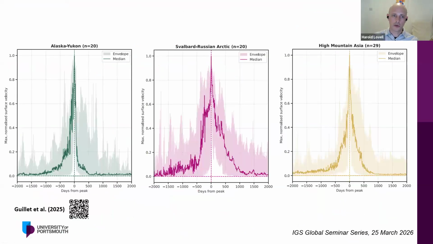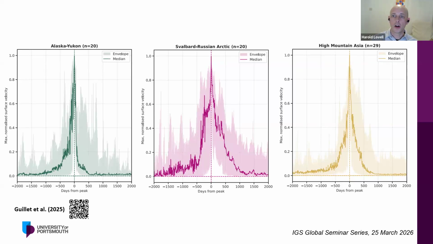And this again is from some of Greg's work. He looked at a variety of glaciers that were surging in these 3 main locations: Alaska Yukon, Svalbard and the Russian Arctic, and high mountain Asia, and then just plotted their average velocity profiles around the peak of the surge.